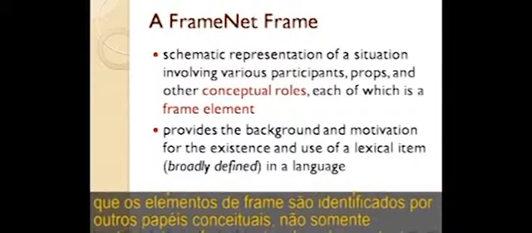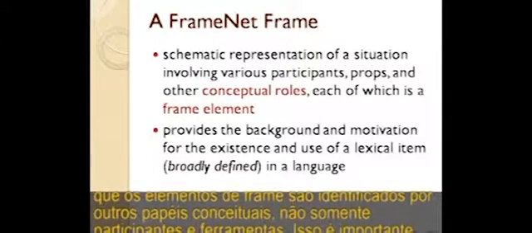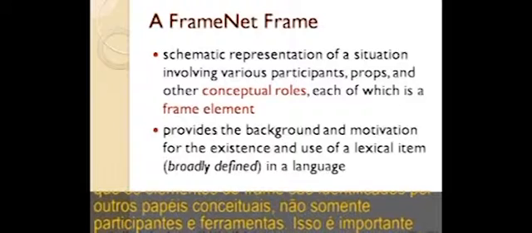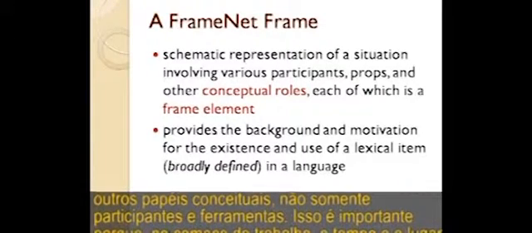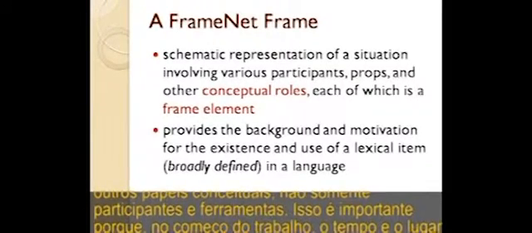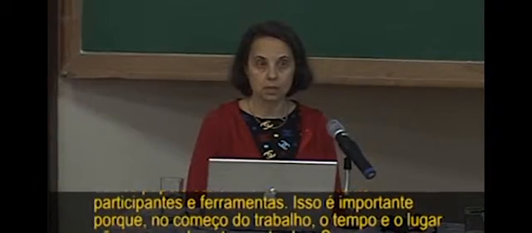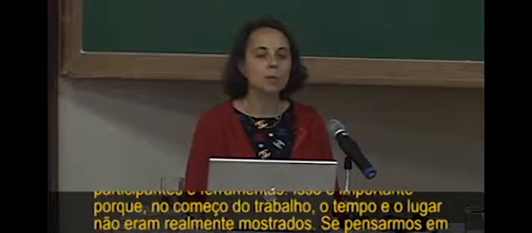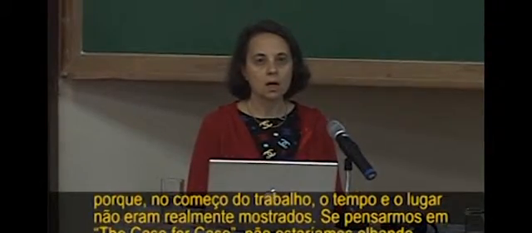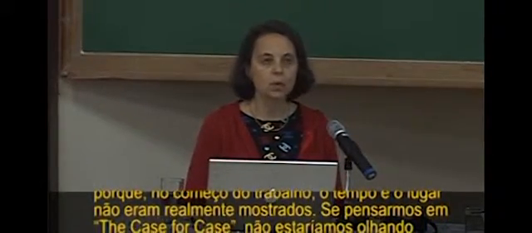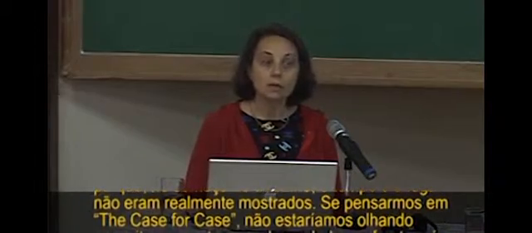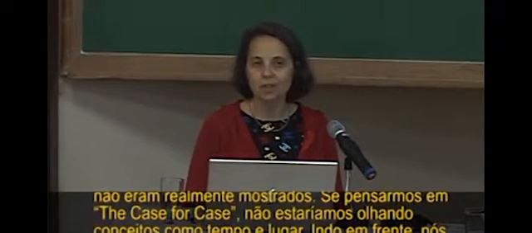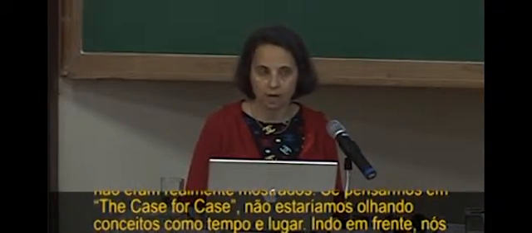Events happen at a certain time in a particular place, whether or not we see any linguistic realization of those concepts. So it's important to know that frame elements will identify other conceptual roles, not just participants and props.